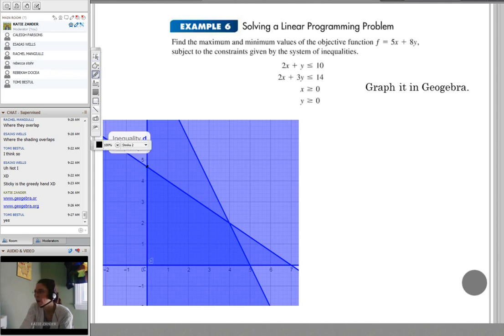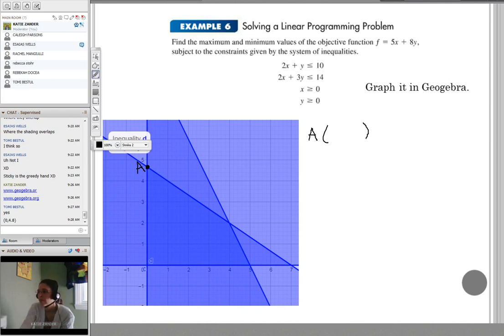Let's go ahead and identify the different vertices here. Let's do this first one. Using GeoGebra, where is this first point right here? I'll label that point A for right now. Point A is at what value? Approximately 0, and mine's at a 4.6, I think.